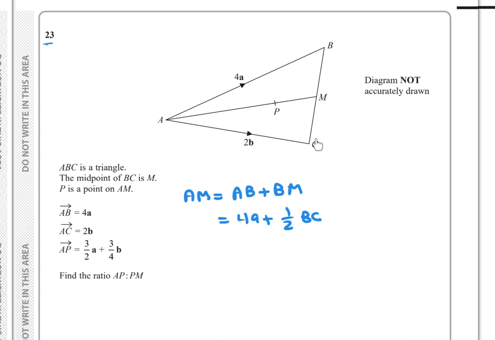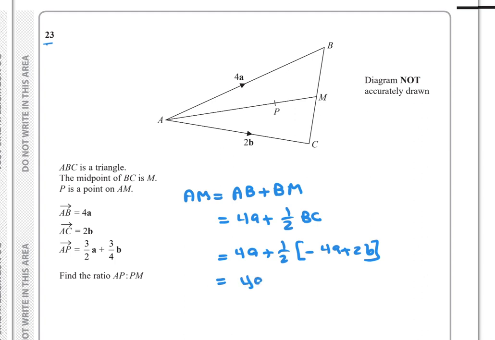And we can find BC in terms of a and b. BC equals BA plus AC. So negative 4a, because of the opposite direction, plus 2b. So you can write 4a plus half of (negative 4a plus 2b).